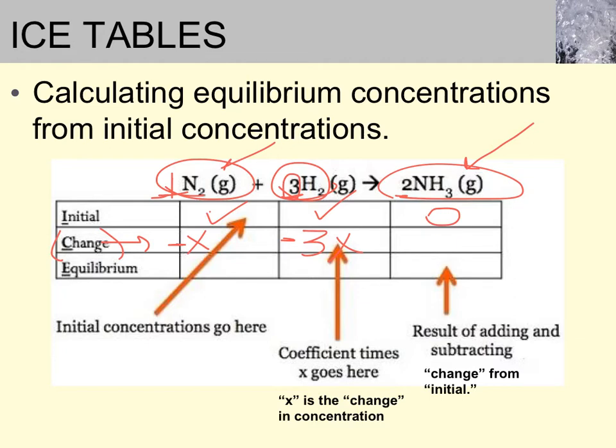And then, along the same lines, the change in concentration for the product ammonia would be plus 2x. So mathematical signs as well as coefficients for the balanced reaction are important. Once you have the change predicted, you can get all the equilibrium concentrations.